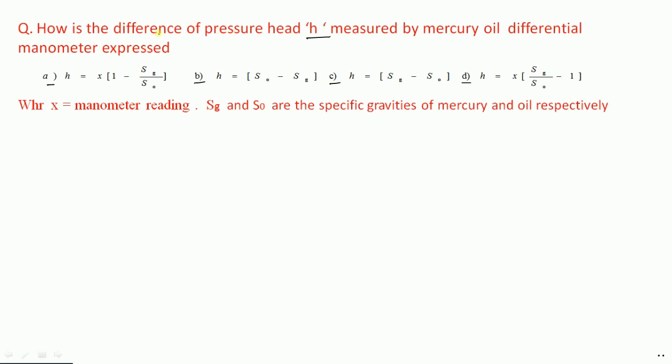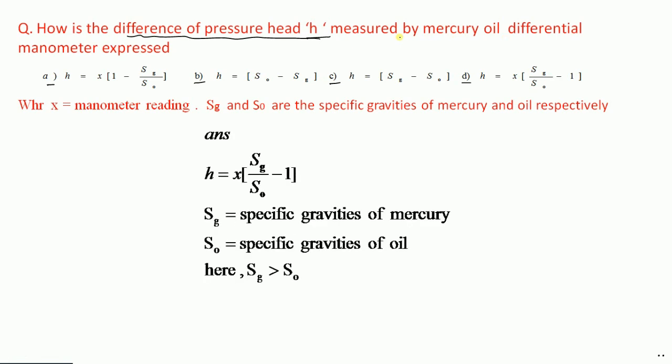So we have a relation H is equal to X into specific gravity of mercury upon specific gravity of oil minus 1. Here specific gravity of mercury is greater than specific gravity of oil. So option D is the correct option.